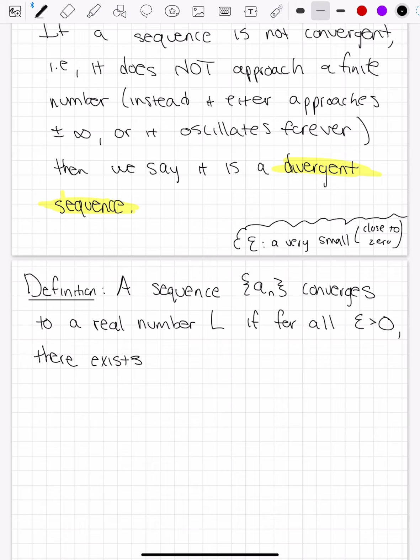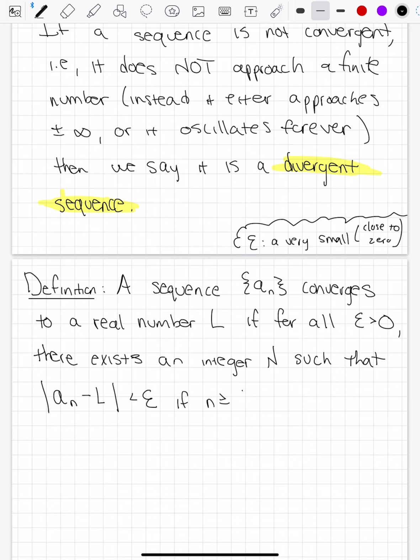So this is just a side note on epsilon. A sequence a_n converges to a real number L if for all epsilon greater than 0, there exists an integer N such that the absolute value of the term you're on minus the limit is less than epsilon. So what is this saying? We have our sequence a1, a2, a3, dot, dot, dot, a_(N+1), a_(N+2), whatever capital N is, and then we keep going.